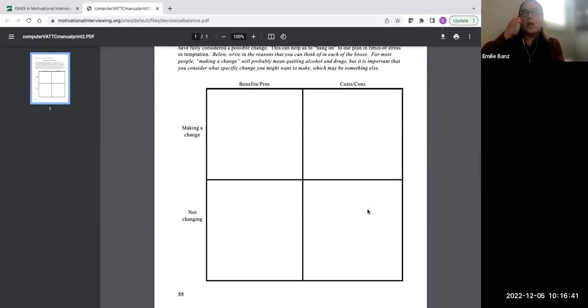But when you're using the decisional balance, you're actually talking about the pros of making the change, the pros of not making the change, the cons of making the change, and the cons of not making the change. So you're not just looking at the pros and cons of how you would make the change. You're talking about the pros and cons of making the change and not making the change, if that makes sense.